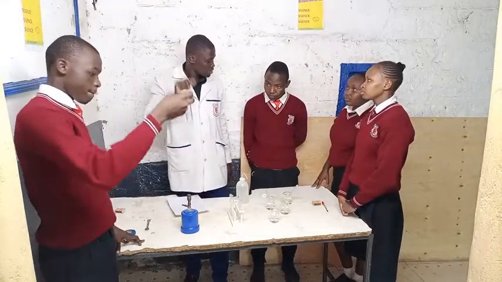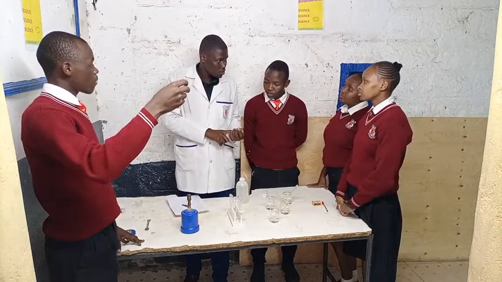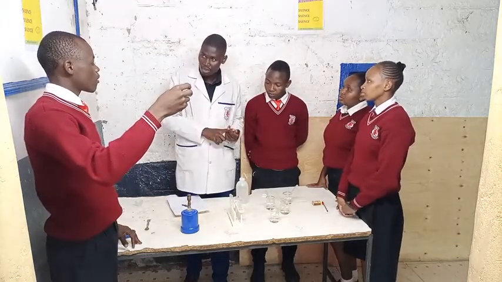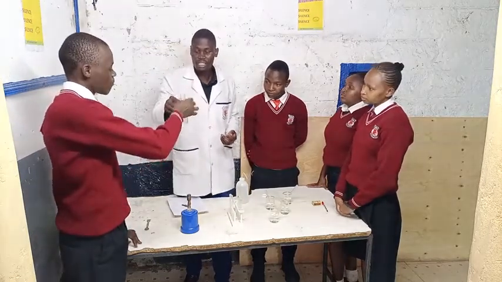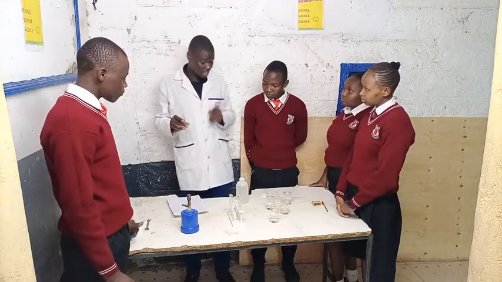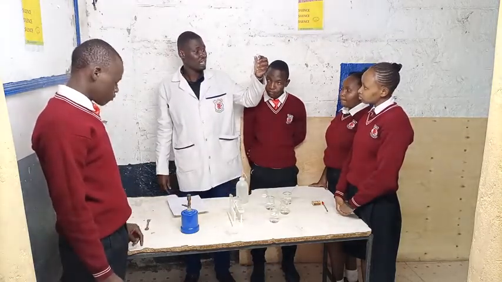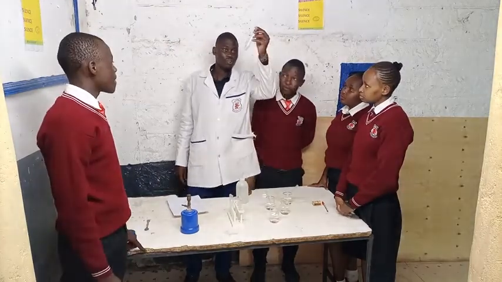When talking about colored ions, we're talking about iron 2 ions, iron 3 ions, or copper 2 ions. Apart from that, because we've heated it and we know that it's a nitrate salt, we can deduce that it's a soluble salt. So soluble salt present.